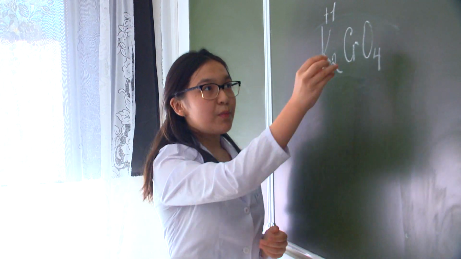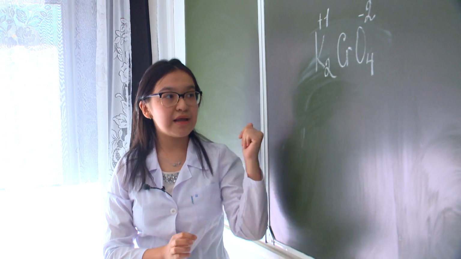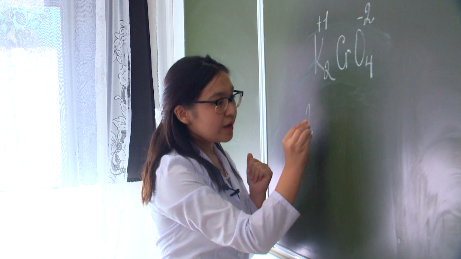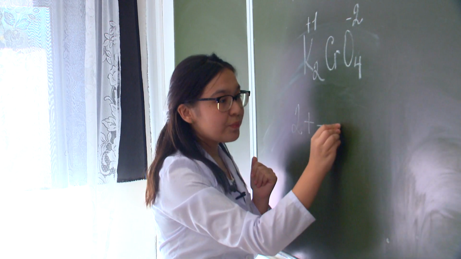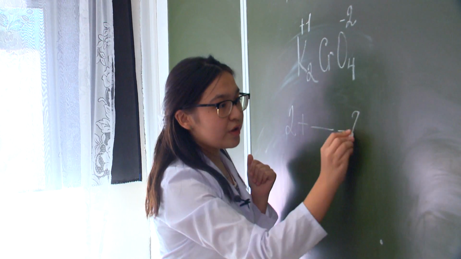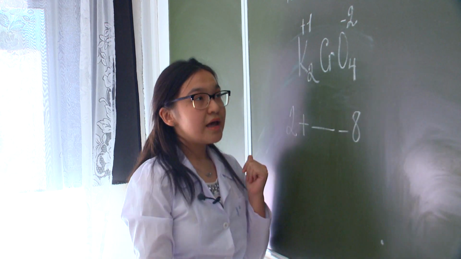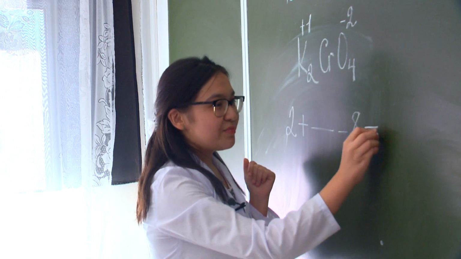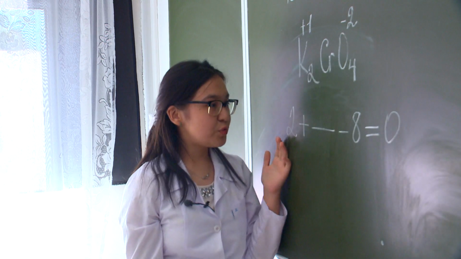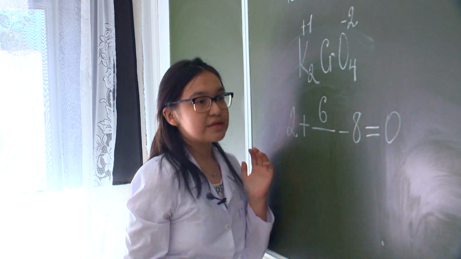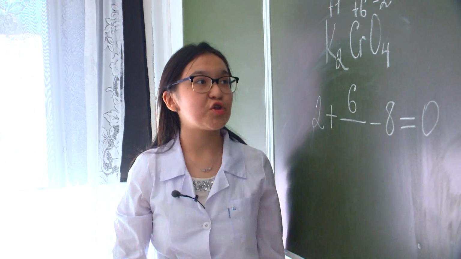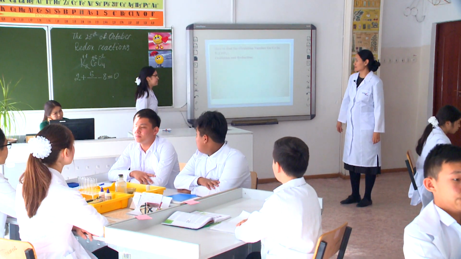Oxygen is always -2 with few exceptions. The 2 potassiums give us +2, plus chromium, and -2 times 4 gives us -8. The oxidation numbers must add up to 0. 2 plus 6 minus 8 equals 0, so the oxidation number of chromium is +6. Well done, Ulpan.